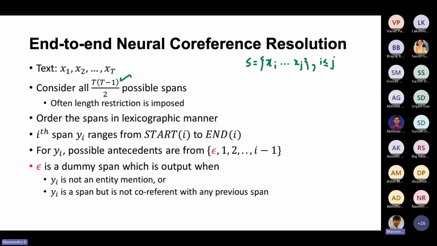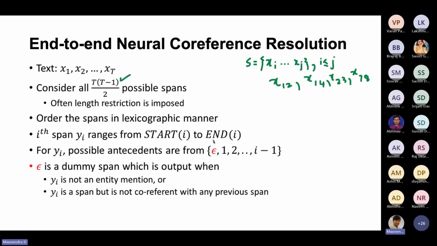Then it orders the spans in lexicographic manner. Suppose x12 is a span, then x14 is a span, x23 is a span, x78 is a span. So you have a lexicographic, or dictionary based, ordering of the spans. Then the i-th span ranges from start(i) to end(i). In the next slide we have the equations.